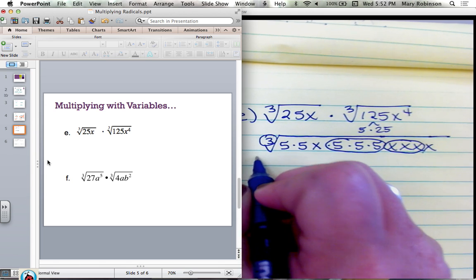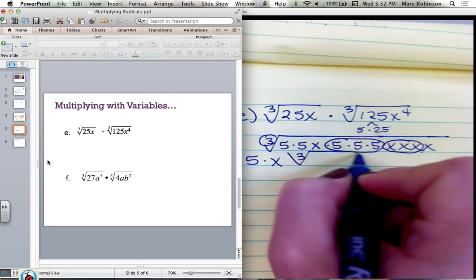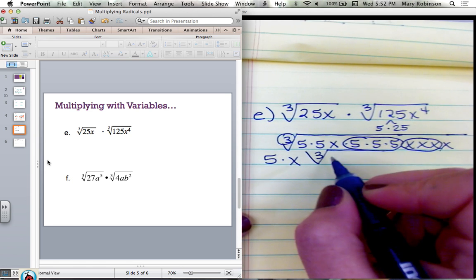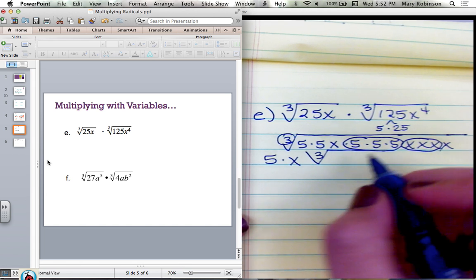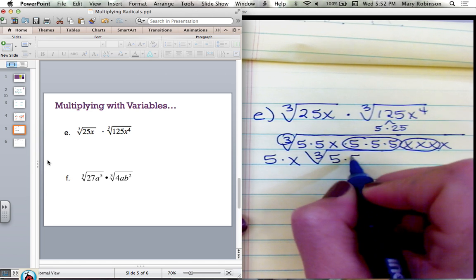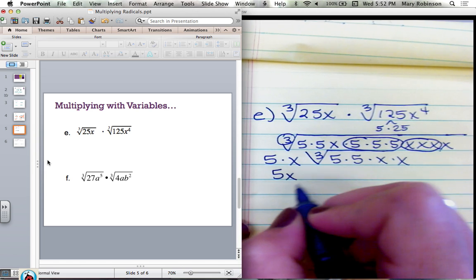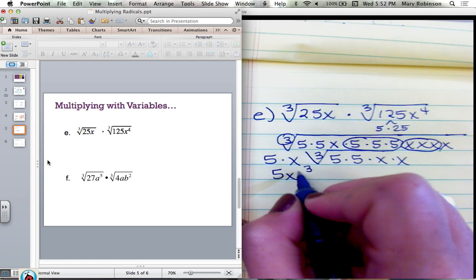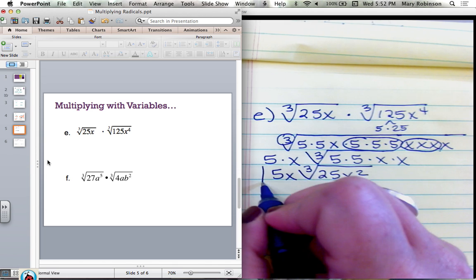So a 5 comes out, an x comes out, we leave the cube root. Make sure you show very clearly that 3 is your index so it doesn't look like an exponent of x, and we're going to multiply what's left. So we have the 5 and 5 and x, which when simplified, our final answer should look like 5x times the cube root of 25x squared.